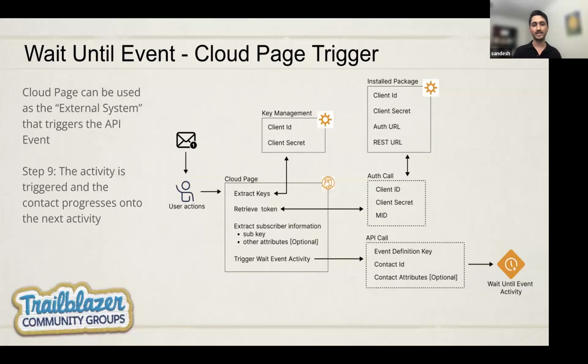All you are doing is dropping that activity, picking an API event, and passing that event definition key to your developers or external system people, because you are not technically responsible for making that API call. It could be some other team based on your use case. In this particular implementation, we're using the cloud page as the system that makes that trigger. That's why we need to write the SSJS code to make that API call happen.